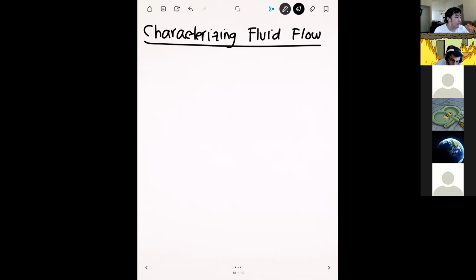A lot of times it requires a solution of a differential equation, or a lot of lengthy calculations. But if you're talking to a colleague or a fellow engineer, and you just want to quickly tell them about a flow that you saw, you're not going to go through a lengthy calculation to show them. So there are ways that we can describe fluid flow that don't require all these lengthy calculations.